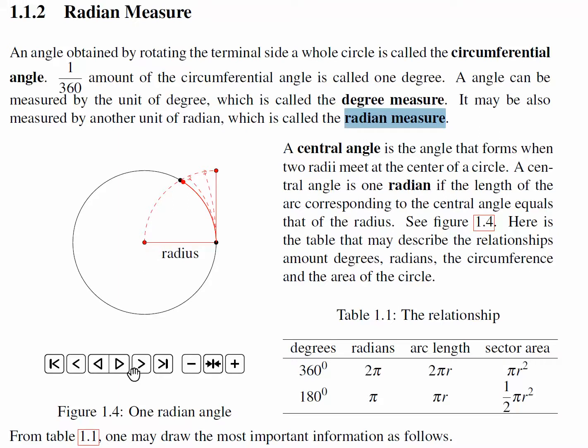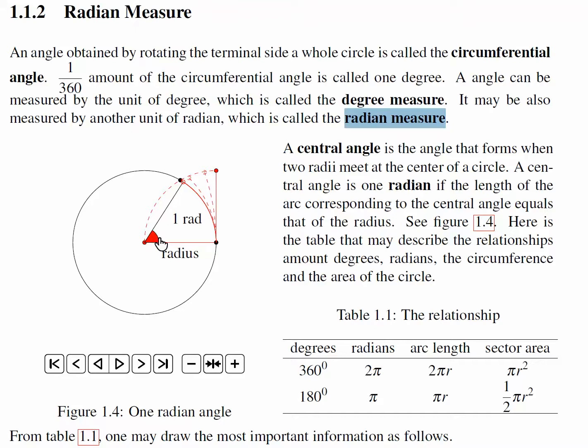So that means when you connect the point here with the center, the angle marked by the red sector, the corresponding length of the arc is the length of the radius. So at this time, we say this red sector marked central angle will be a 1 radian angle.